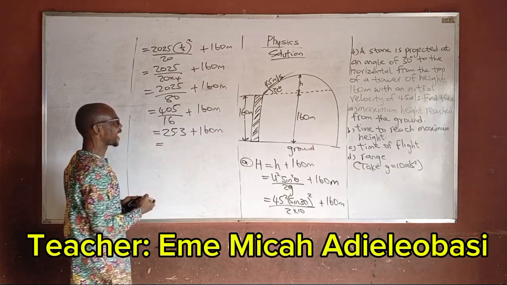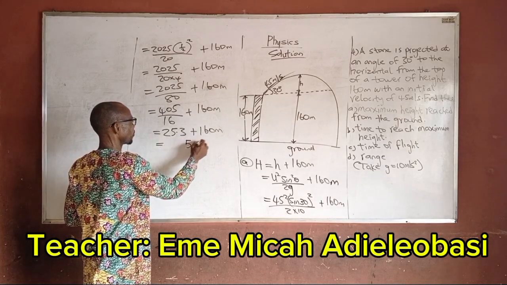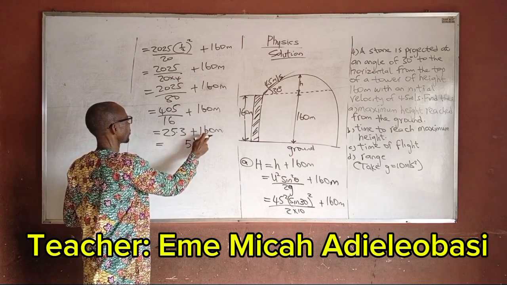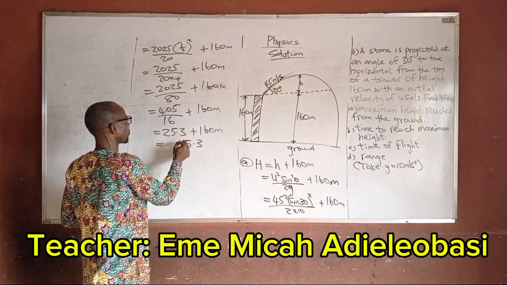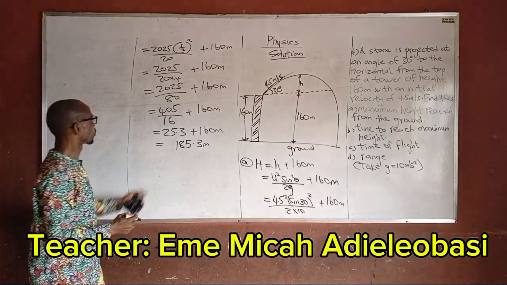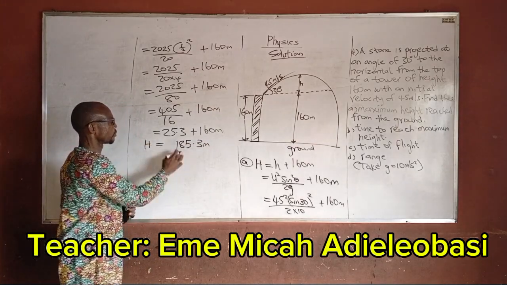Adding that gives us approximately 185.3 meters, which is the maximum height from the ground.